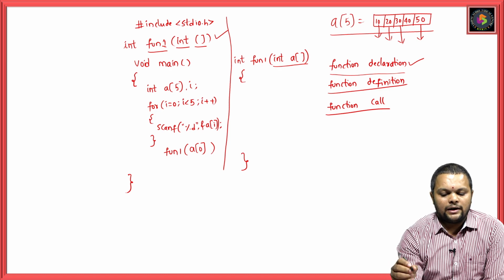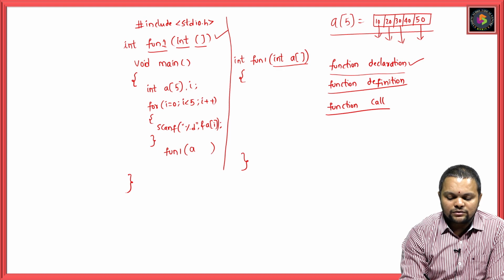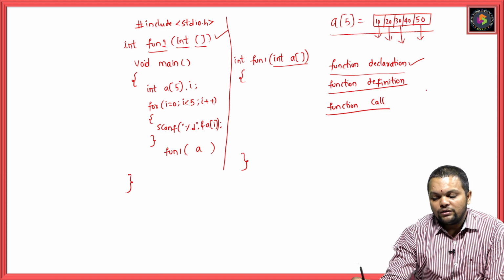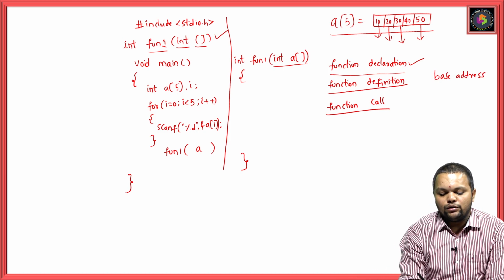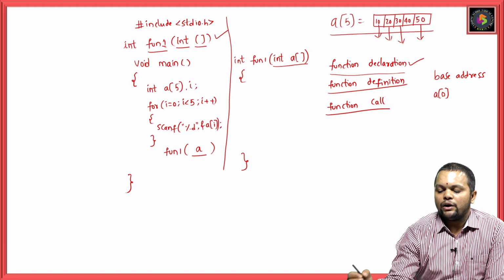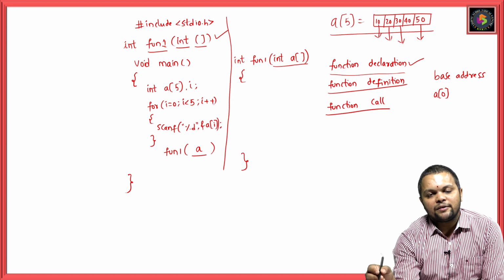In order to pass that, you can give a passing statement which is just the name of your array. You may have a doubt why. Because the array holds the base address. If I am passing a, that means it is passing a of 0, so it is a continuous type of memory allocation.